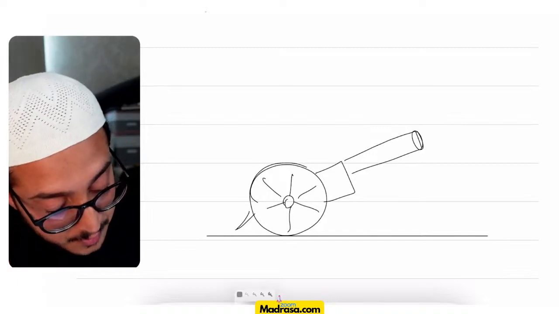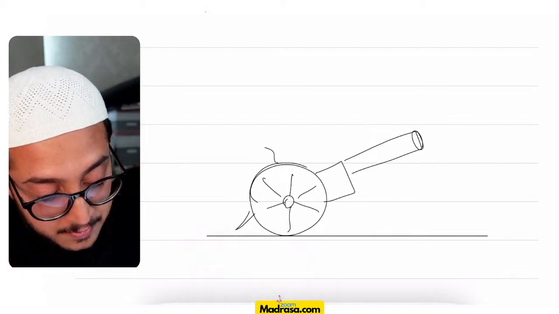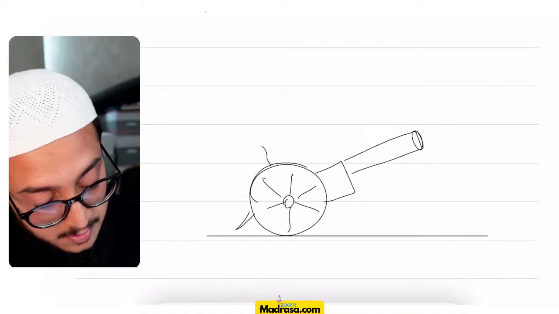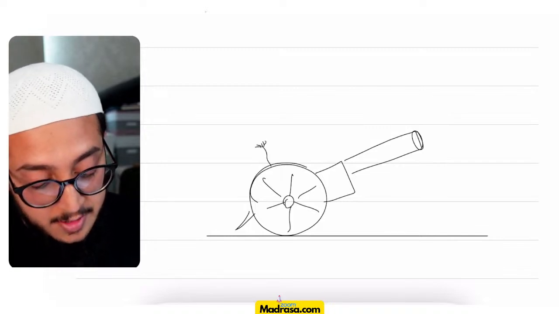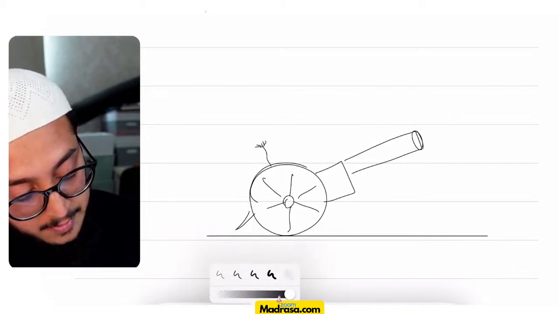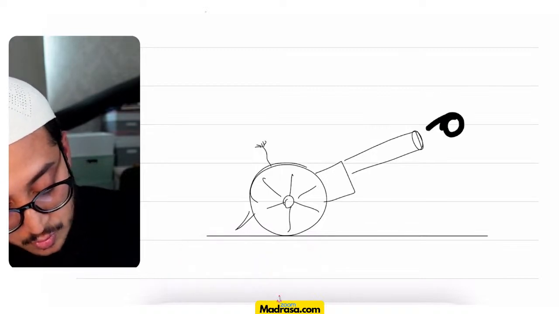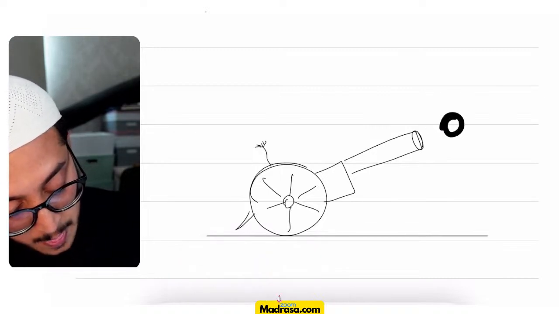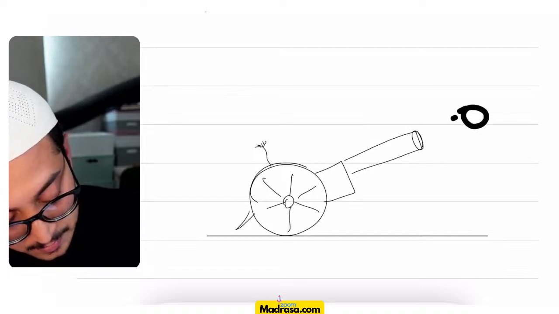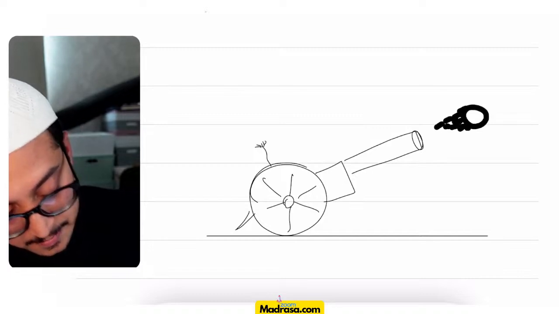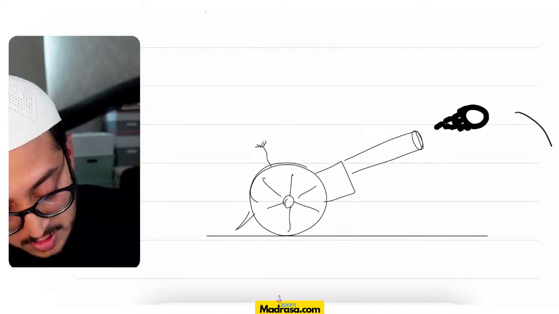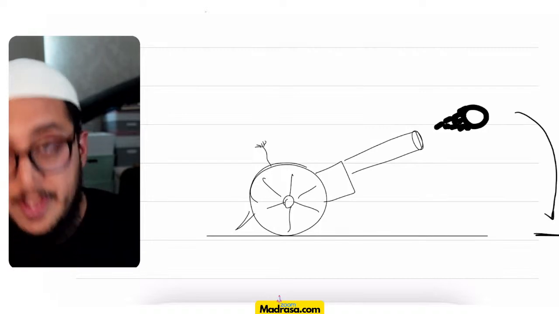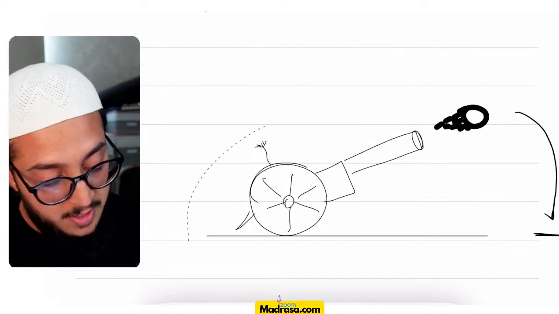In this canon, using it, and then it falls somewhere. Sure enough, this is what happens, right?